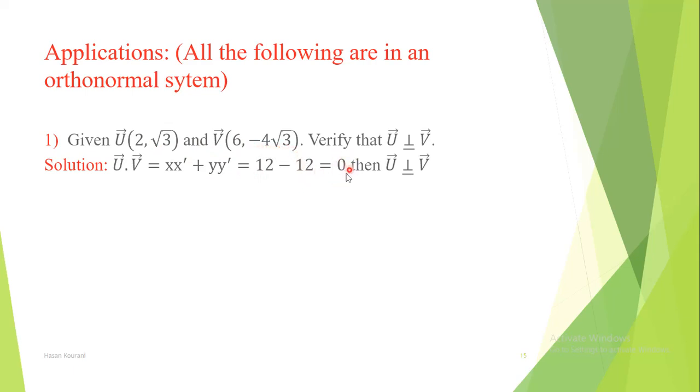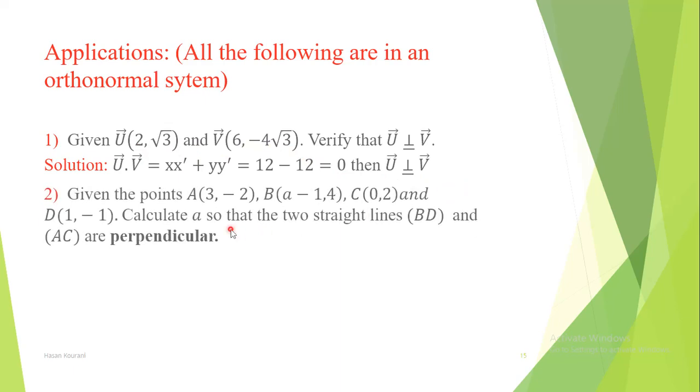As a result, we got 0. Since u dot v is 0, this means that u is orthogonal to v, and the geometric angle between them is 90, although we don't have the graphical representation of u and v. And we don't need to draw them or place them in an orthogonal system.